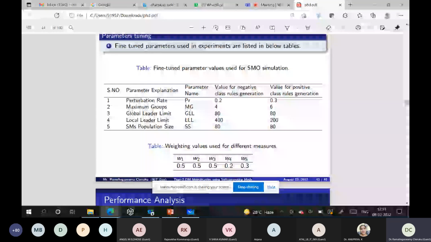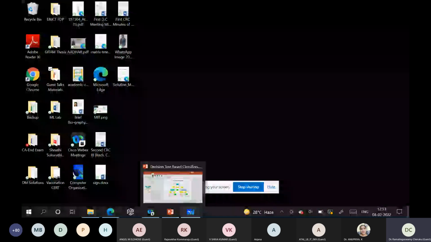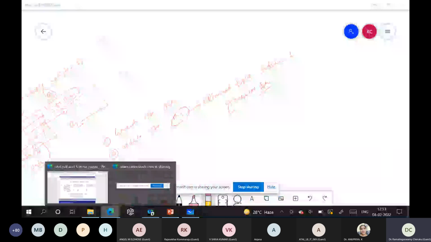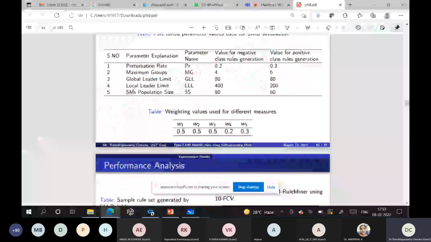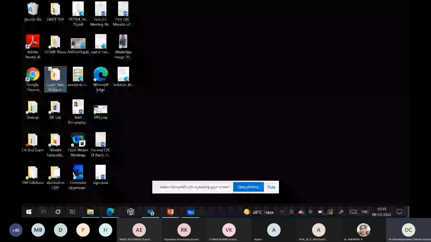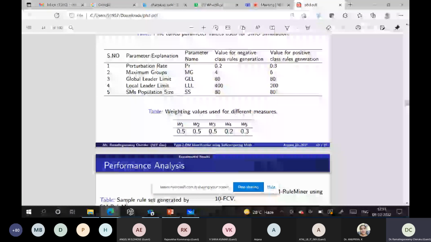For the positive class data you set up one set of values, and for the negative class data a different set of values. Then we also fine tuned the weight values in your fitness function using a greedy approach.